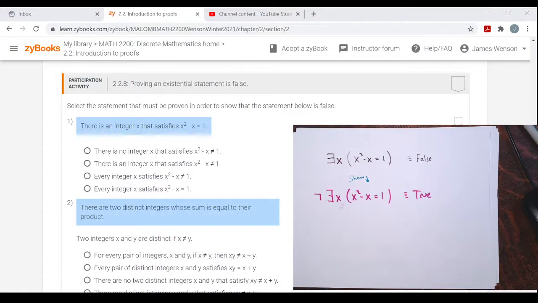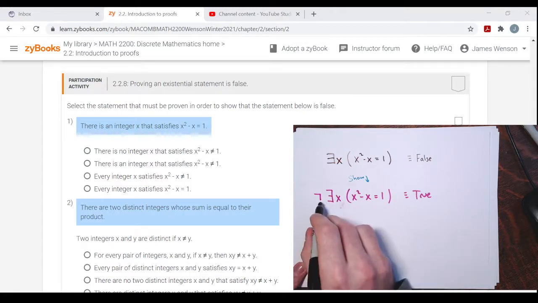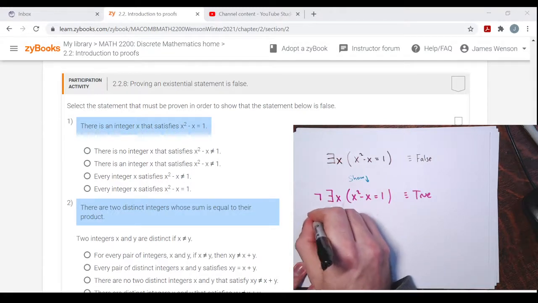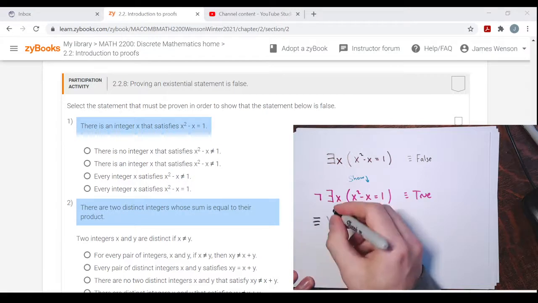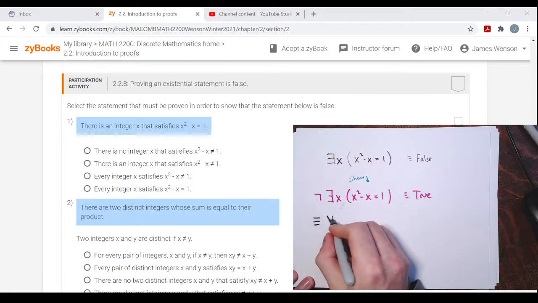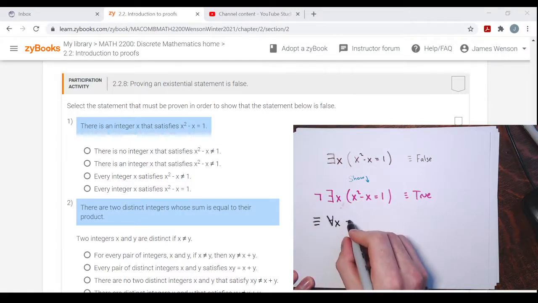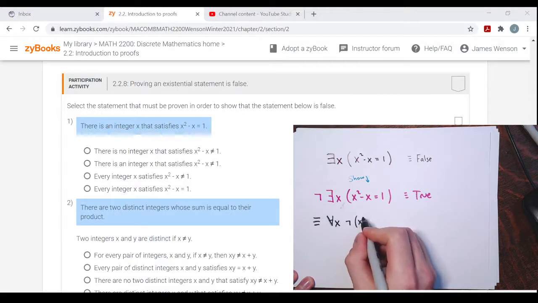Now, what is the negation of this statement? Remember De Morgan's law. When I negate an existential, this is logically equivalent to, remember, for all x, not this. Move the negation inside here.